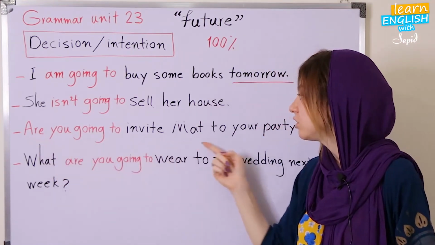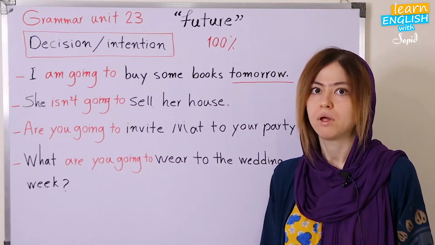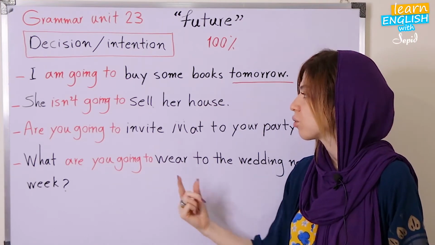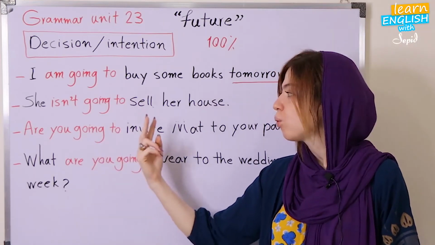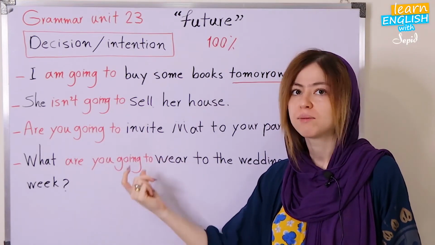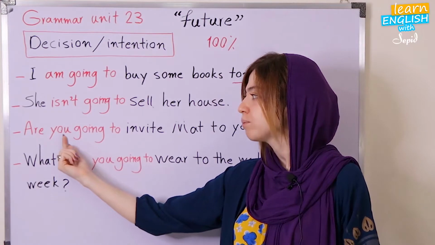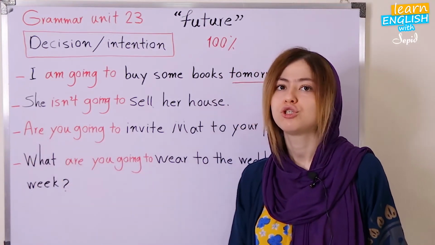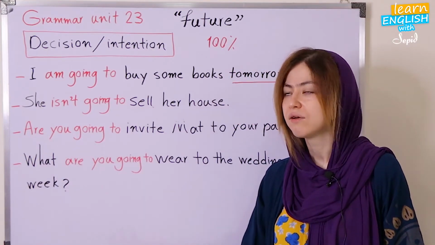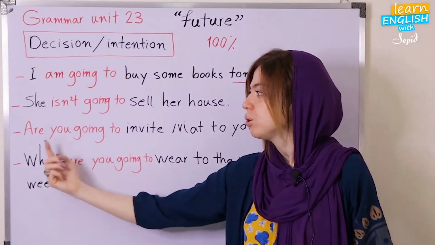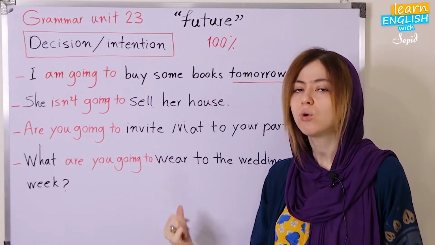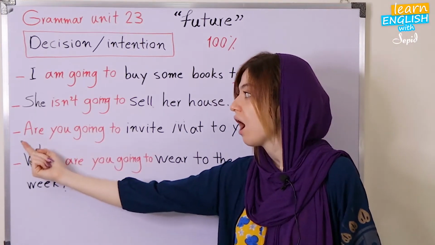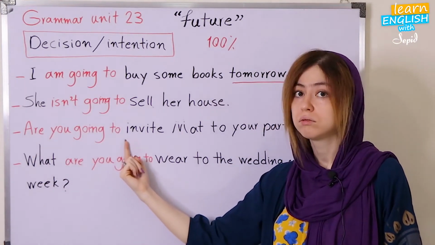So let's go to the next question. This is yes-no question form. For yes-no question form, we need to change the places of our subject and to be verb. So normally we say, you are going to, but here in yes-no question form, we should say, are you going to?